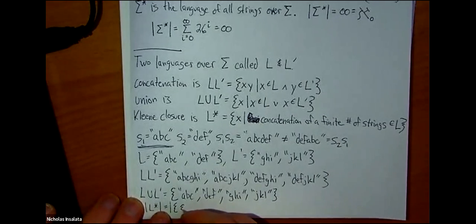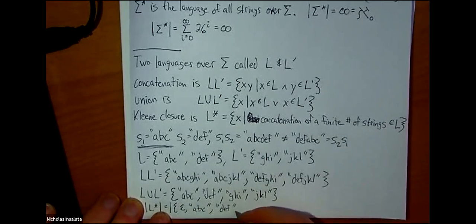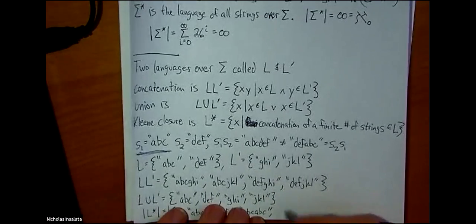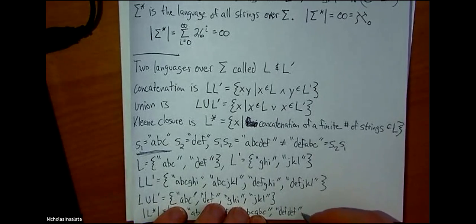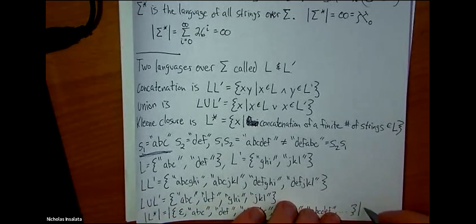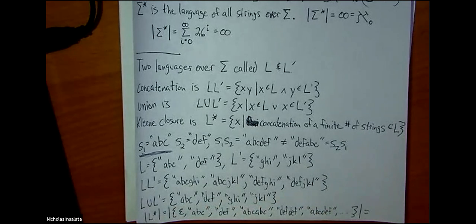So the empty string is in there, as is ABC and DEF, and ABCABC and DEFDEF, right? And of course, ABCDEF is in there, and so on. So the size of that is going to be how much?